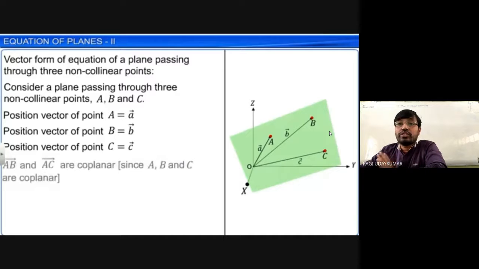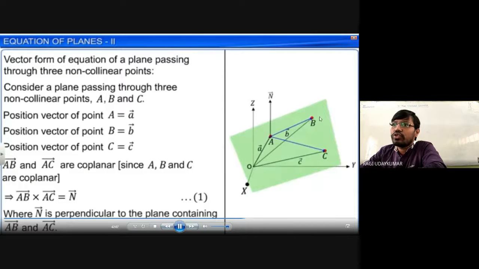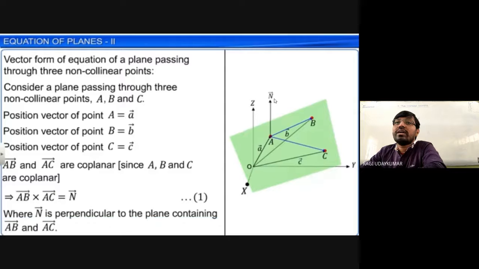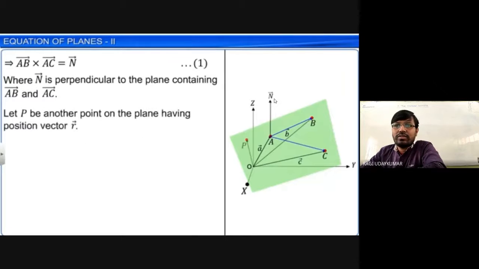When it passes through the 3 non-collinear points, the vectors AB and AC are coplanar. The cross product of these 2 vectors AB and AC is a vector perpendicular to both the given vectors, isn't it? Cross product is nothing but perpendicular only.